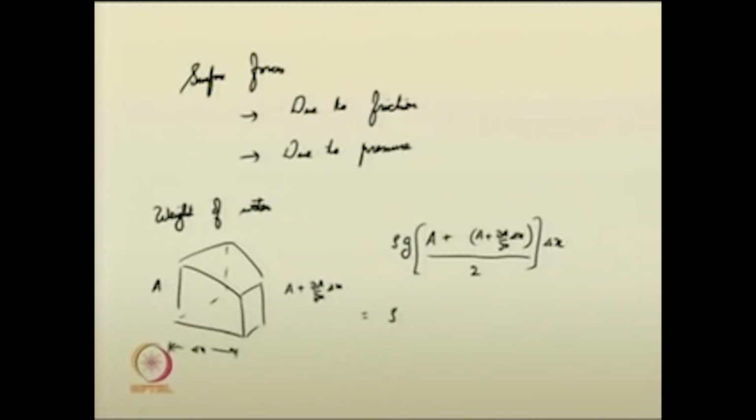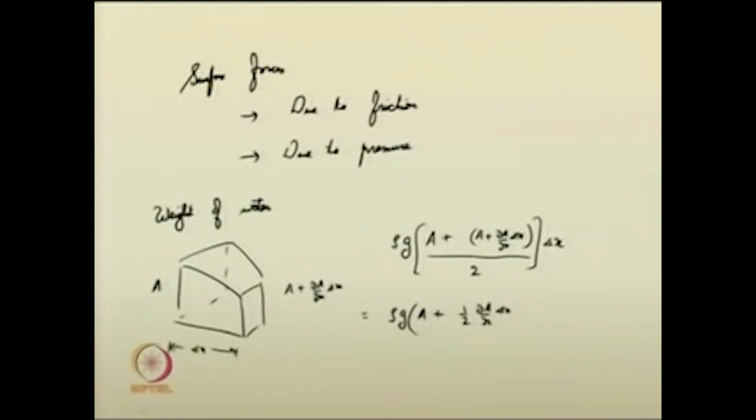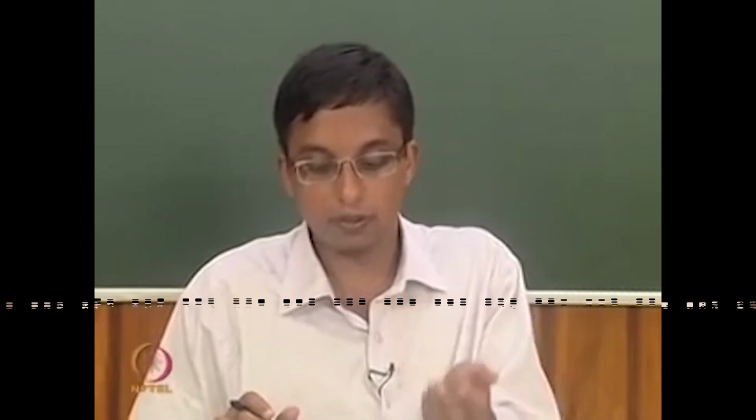So, I can write this as ρg (A plus half ∂A/∂x into Δx) into Δx. As there is a bed slope and the flow of liquid is in this direction predominantly, we have to find the net force in the flow direction.